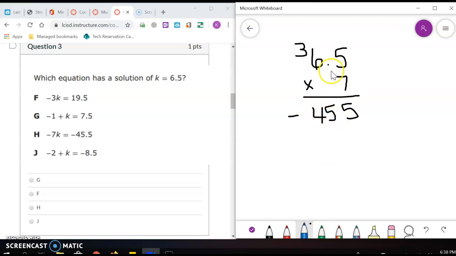There is one digit behind a decimal point in the whole problem, so I want the same thing in the answer. And look, that matches up perfectly. If we check choice J really quickly, we can rearrange it. 6.5 minus 2 would be the same thing, and that would give us 4.5, not -8.5. So H in this situation is the best answer.